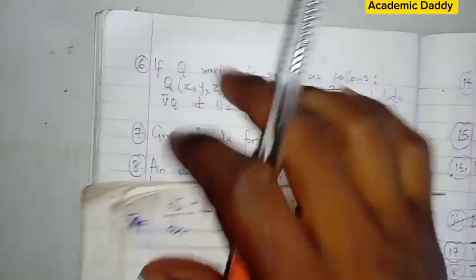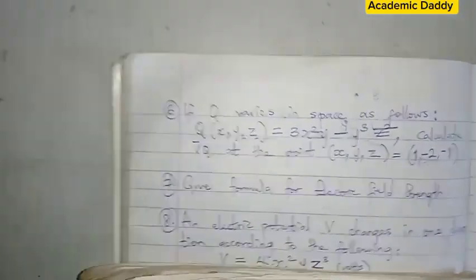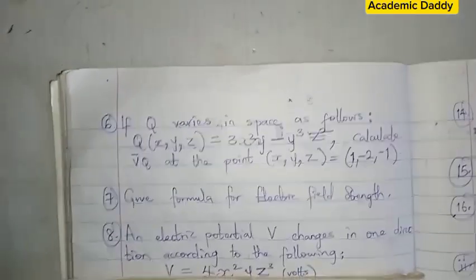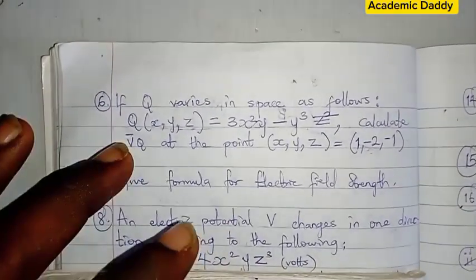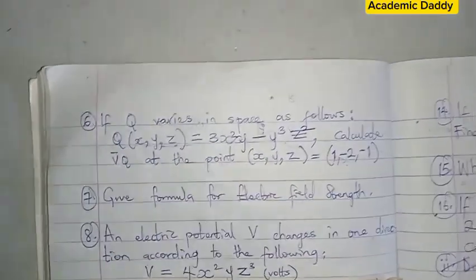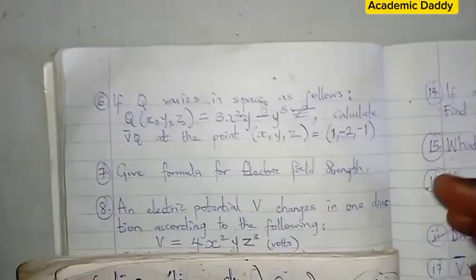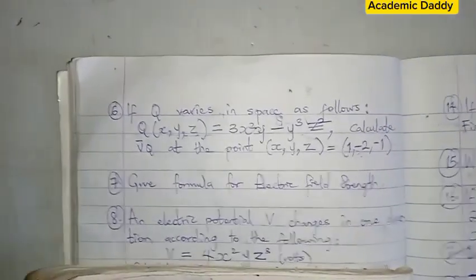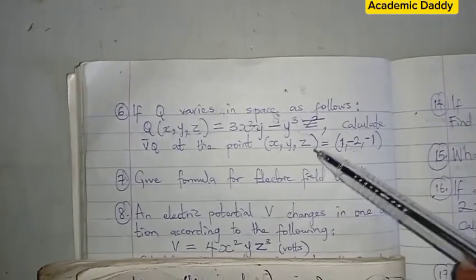Now they gave us a question here. They said, if q varies in space as follows, this is what we are given. Calculate the gradient of the scalar field in space, ∇q, at the point x, y, z.